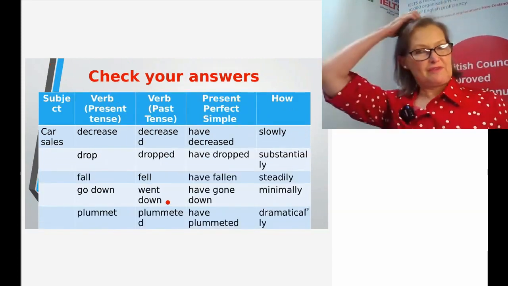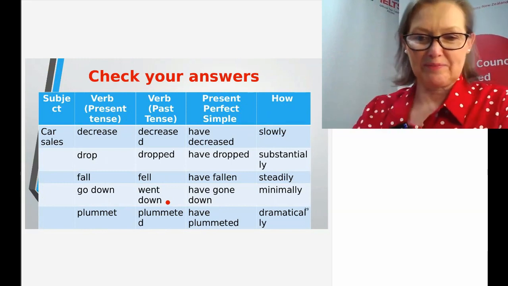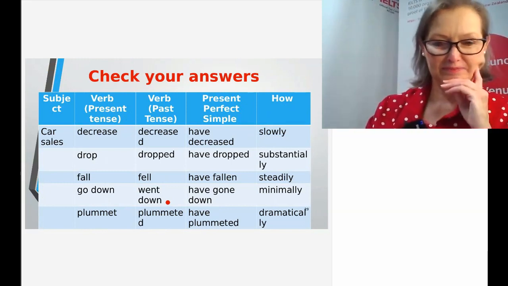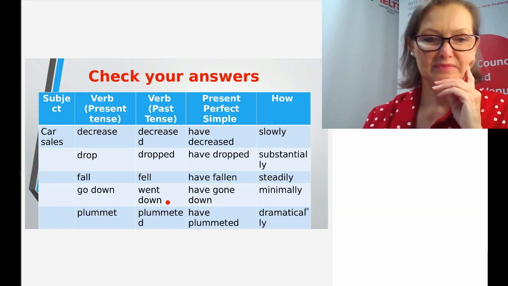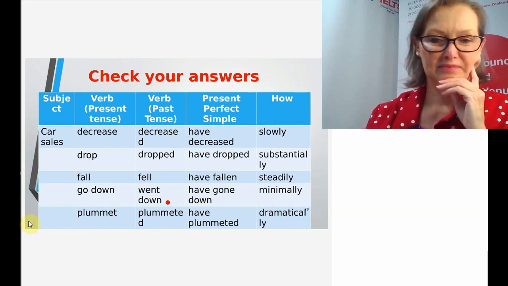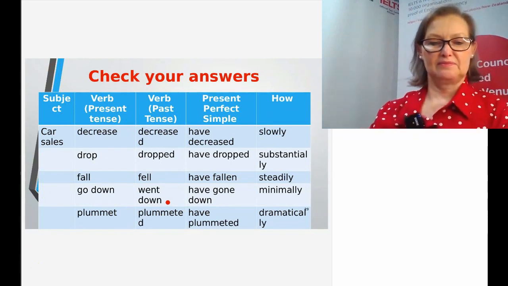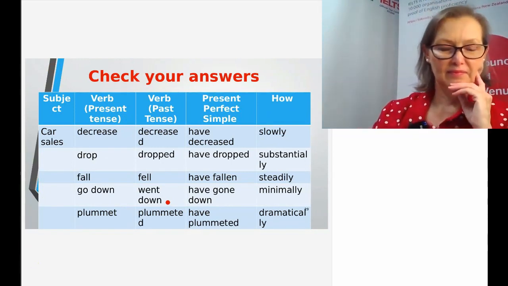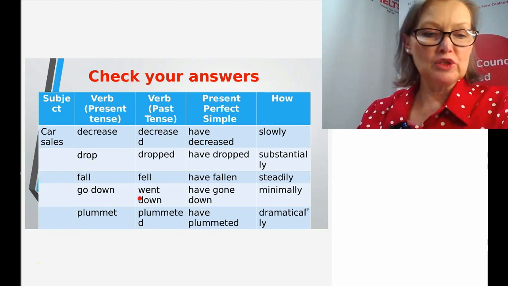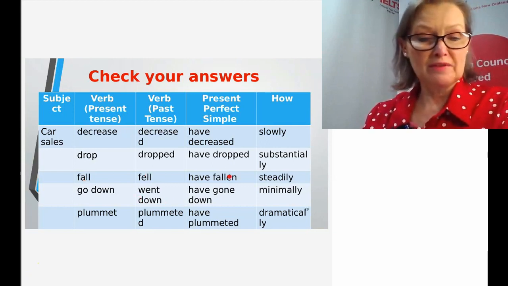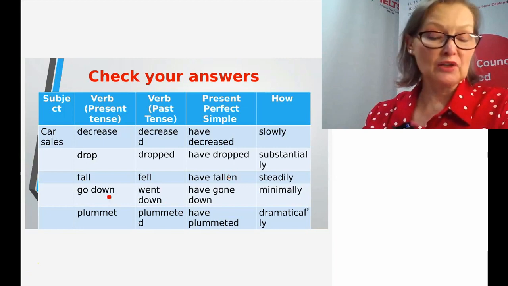And test yourself. Does your table look like this one? So once again, there are my regular verbs: fall, fell, have fallen, and once again go down.